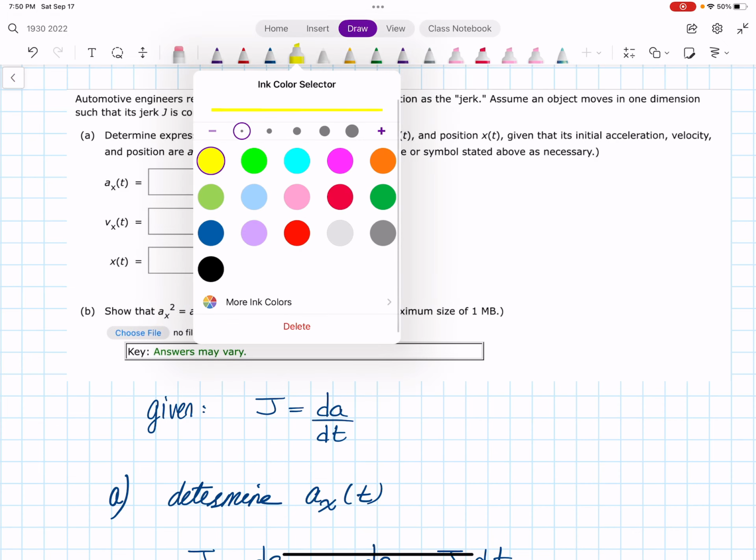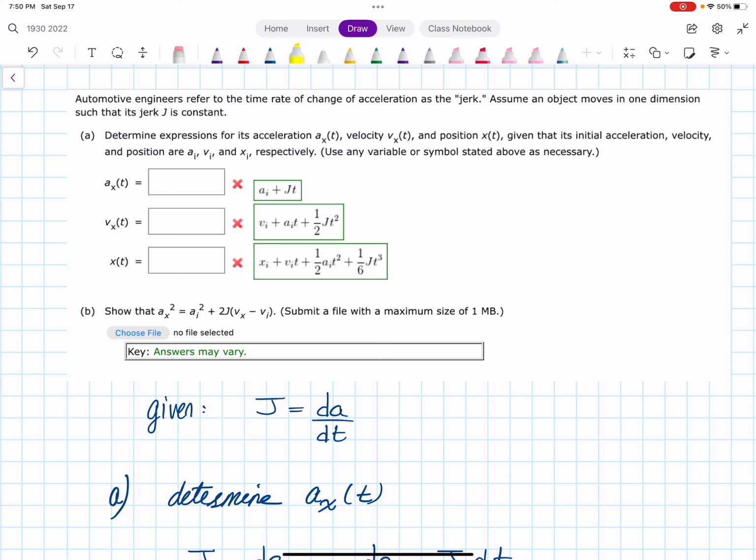Hello everyone. The question says, engineers refer to the time rate of change of acceleration as the jerk. Assume an object moves in one dimension such that its jerk j is constant.